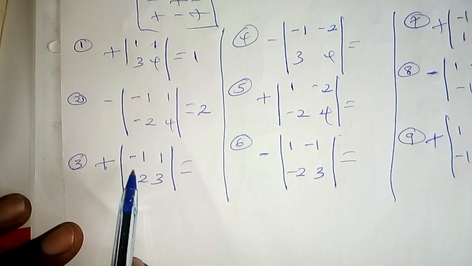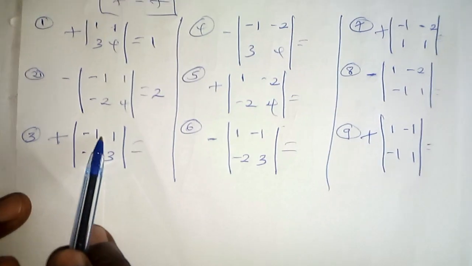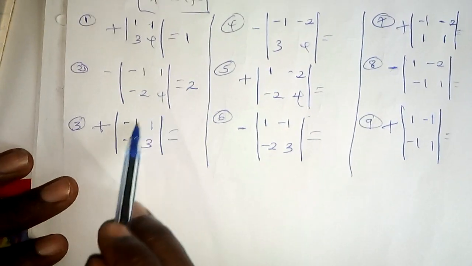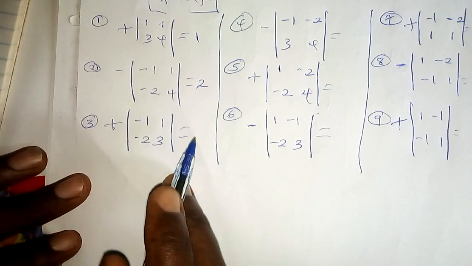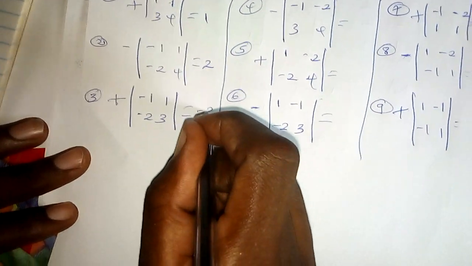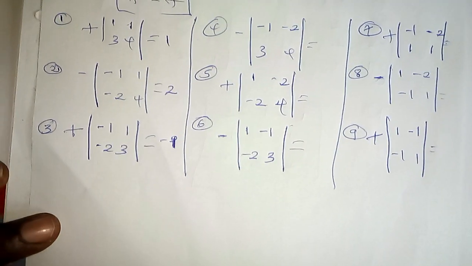The third one, 3 multiplied by negative 1 becomes negative 3, minus this one, and considering the sign, it will be negative 1.